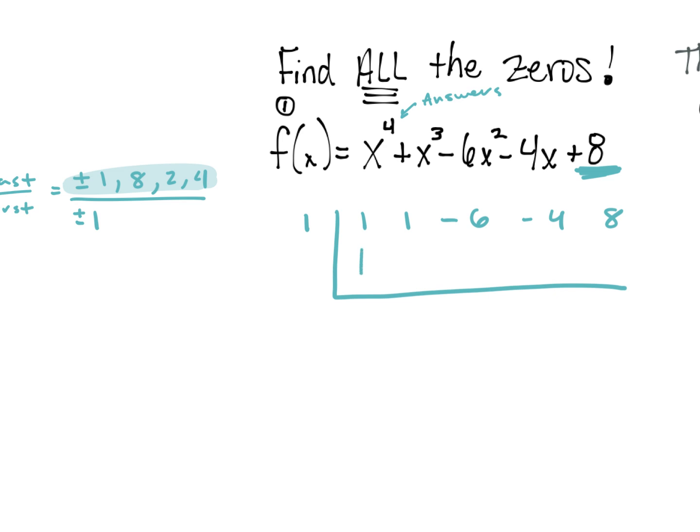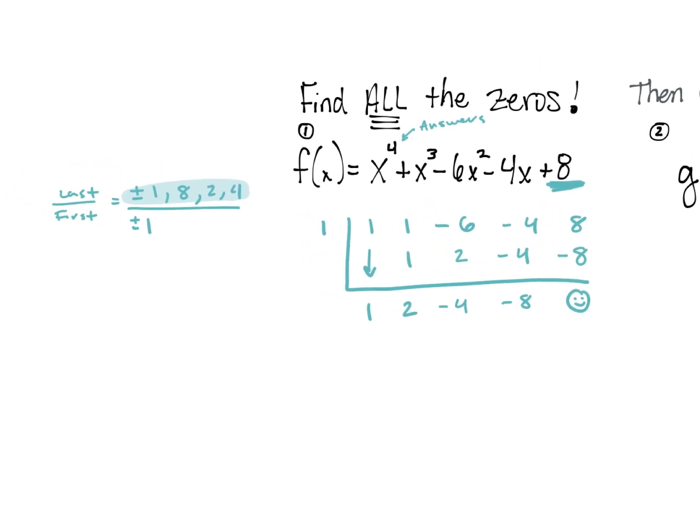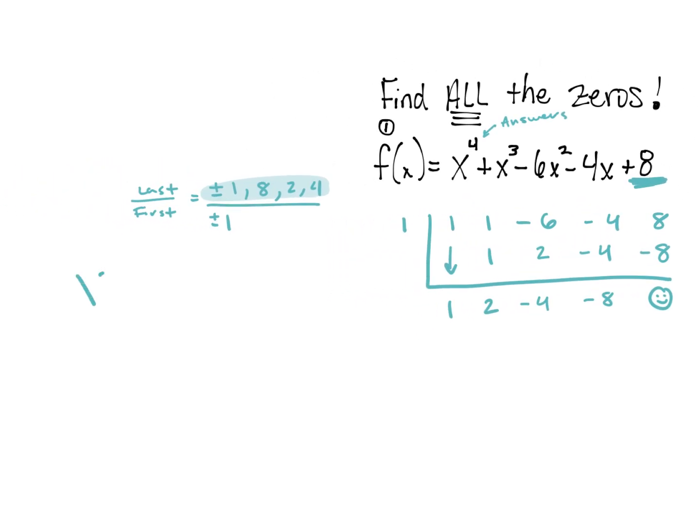We're going to drop down the 1, multiply on the outside. We get 1, add 2, multiply 2, add -4, multiply -4, add -8, multiply -8, add. Does it work? Yes, it works. So one of our solutions is going to be 1. We got to add it to our solution list.